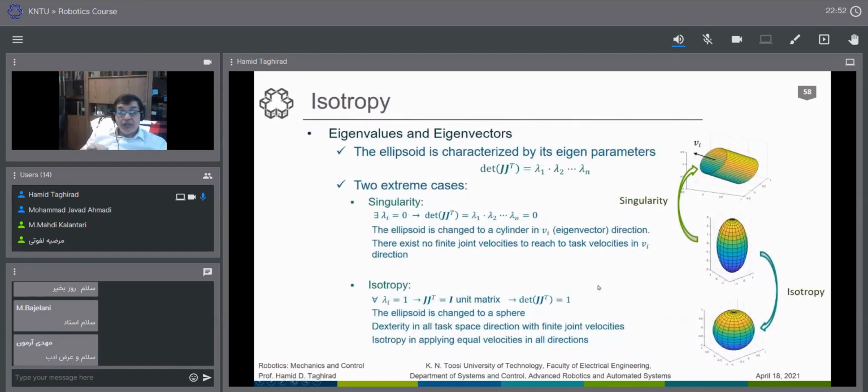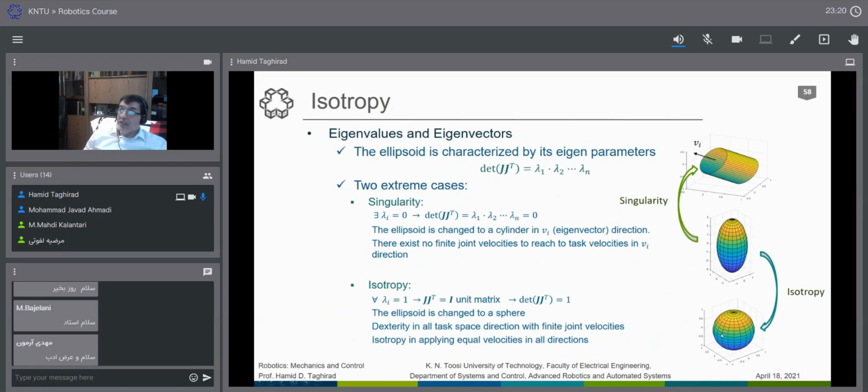But on the other side, we have isotropy as a good characteristic of the Jacobian. Isotropy is when this JJ transpose is equal to unity, is equal to 1. And this means that all the eigenvalues are equal to 1, not close to 0, and not even different. They are exactly equal to 1.